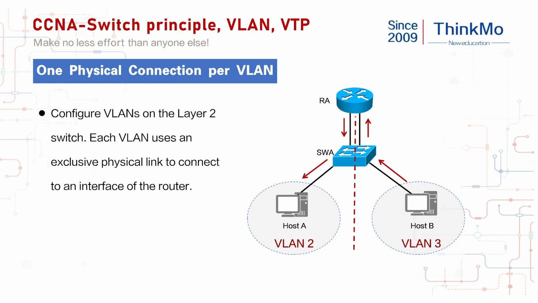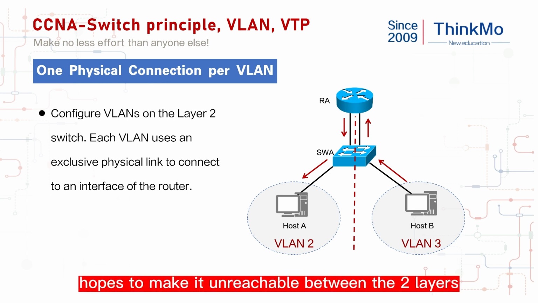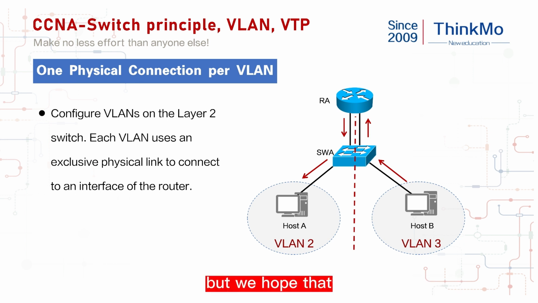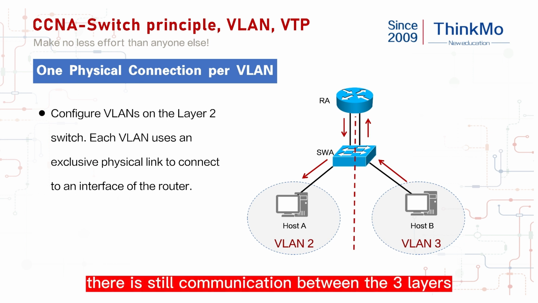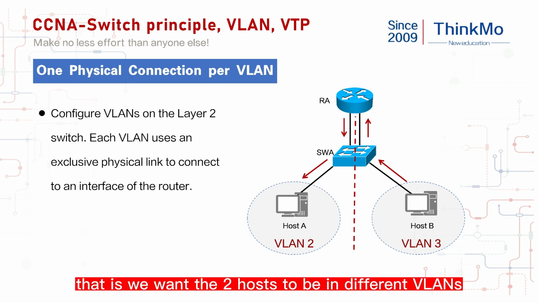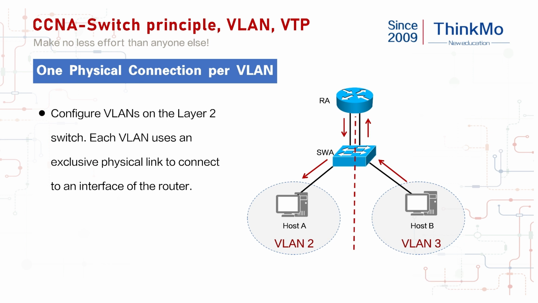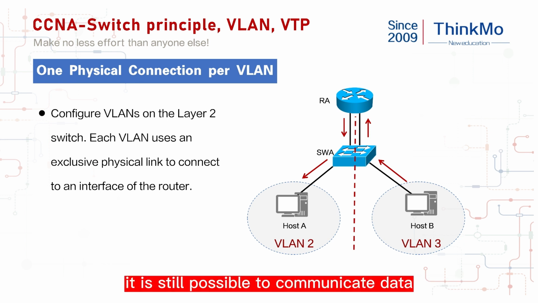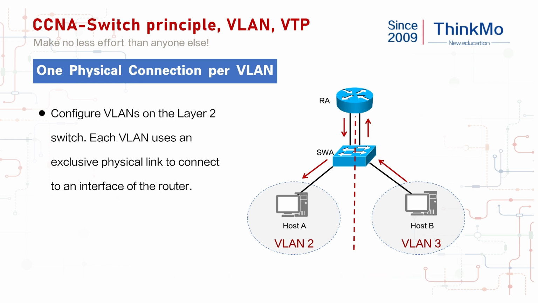Therefore, the VLAN we refer to hopes to make it unreachable at layer 2, but we hope that there is still communication at layer 3. That is, we want the 2 hosts to be in different VLANs, but it is still possible to communicate data.